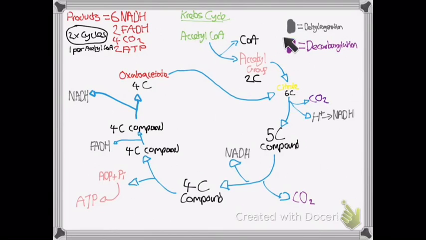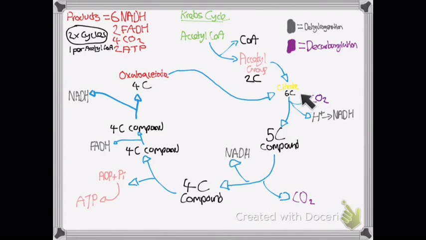One thing to notice here is anything in grey, like NADH and FADH, we're looking at dehydrogenation. Anything purple, when CO2 is released, we're looking at decarboxylation, so carbon is lost. This acetyl group combines with oxaloacetate, a 4-carbon compound, so a 2-carbon compound and a 4-carbon compound.